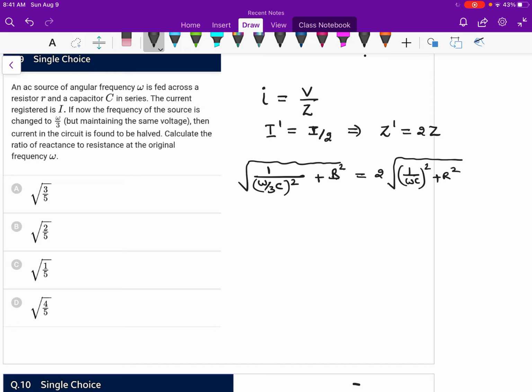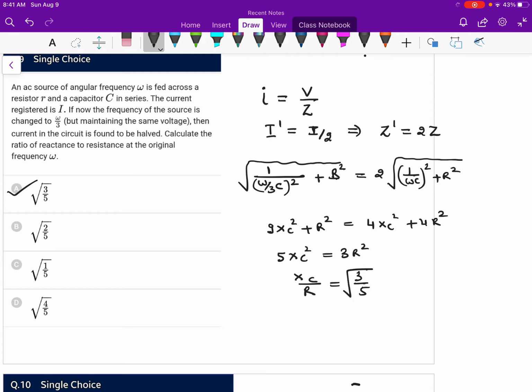So let's square both sides. So this is 9Xc square plus R square is 4Xc square plus 4R square. So 5Xc square is equal to 3R square. So Xc upon R is 3 by 5 whole under root. So A is the correct option.